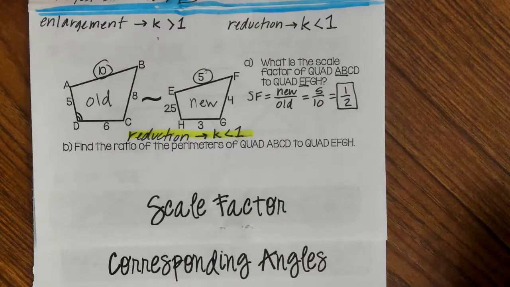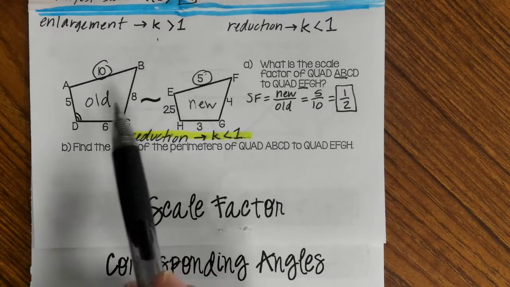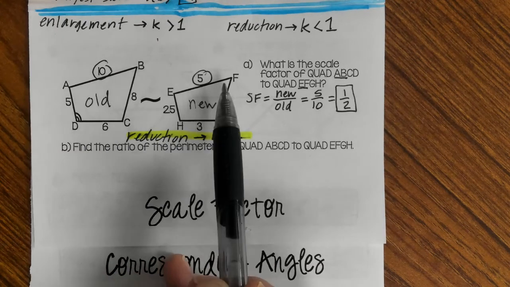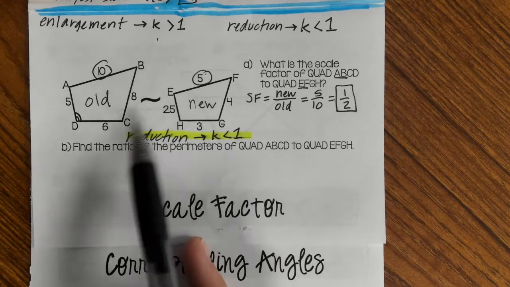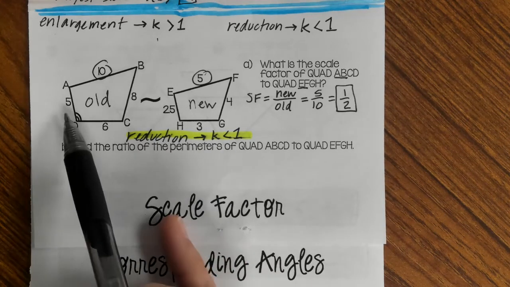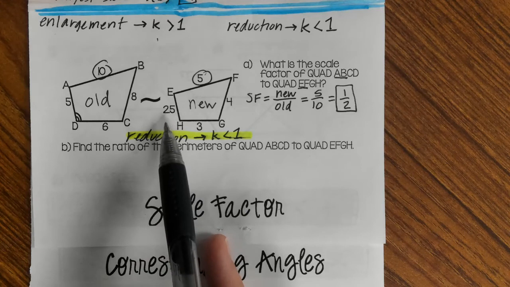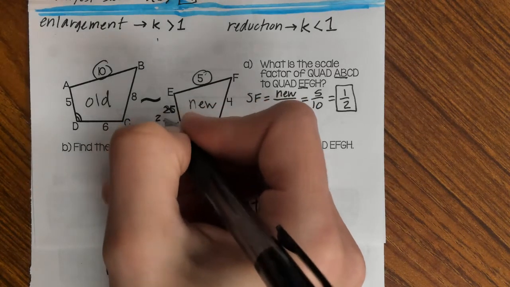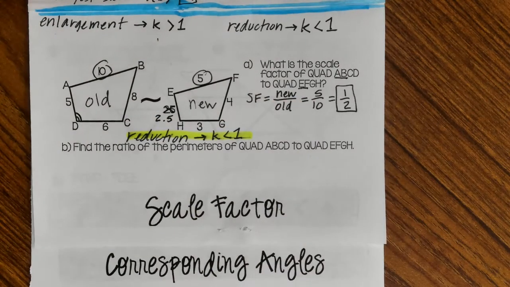And this is a multiplier, so if you take each one of these sides and multiply it by 1/2, you'll get the other side. Half of 10 is 5, half of 8 is 4, half of 6 is 3, half of 5 is not 25. You can barely see it, but this is actually a 2.5. So I'm going to rewrite it so I can see it better.